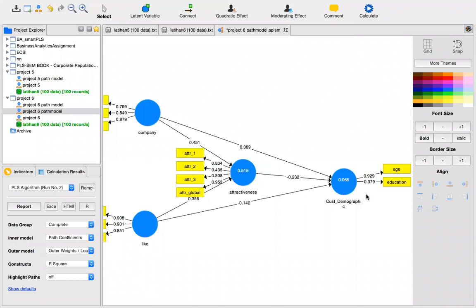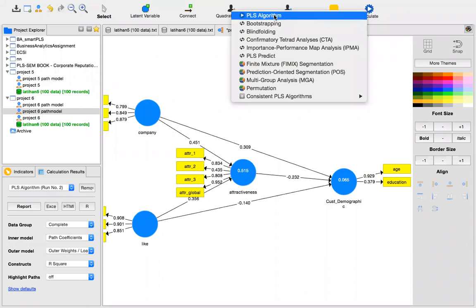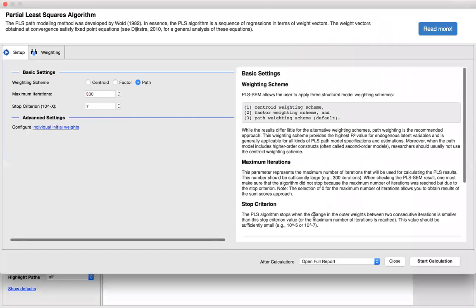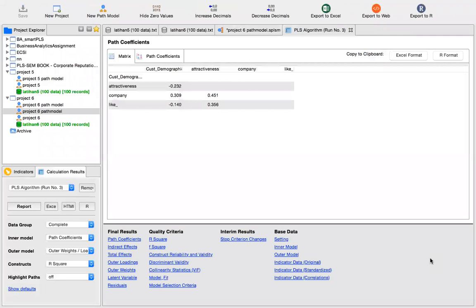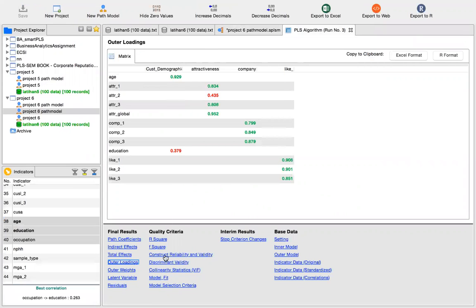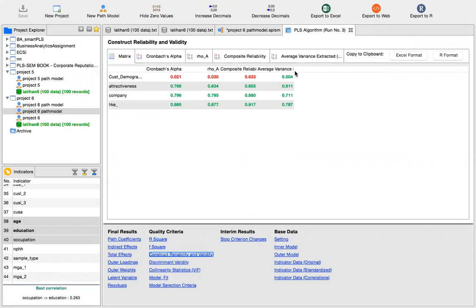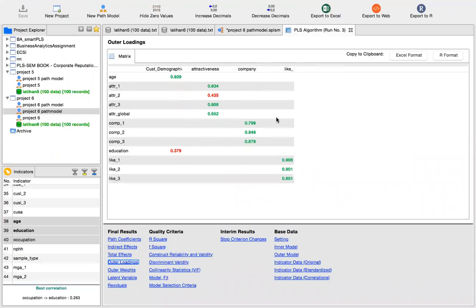After we deleted occupation, we'll calculate again. PLS algorithm. Start calculation. We'll check our outer loadings and our AVE. If our average variance extracted values are all in green, which means everything is above 0.5, we do not need to delete any more data from the variables.